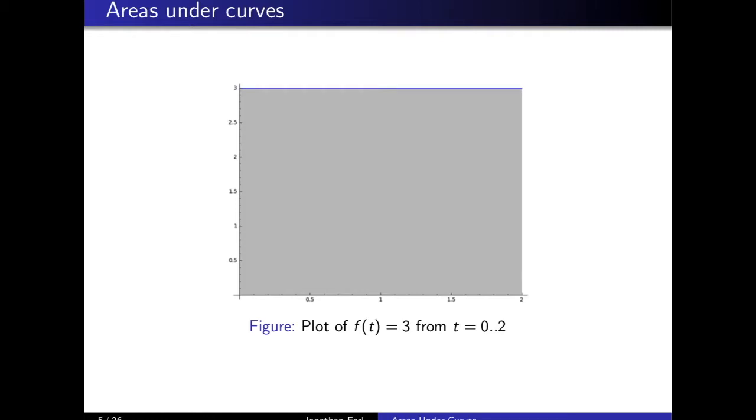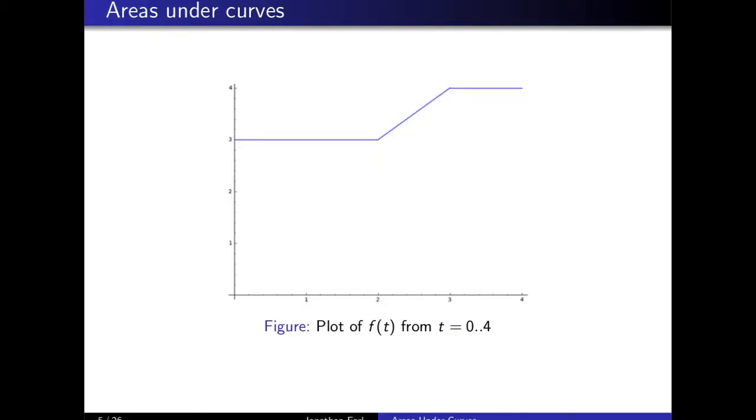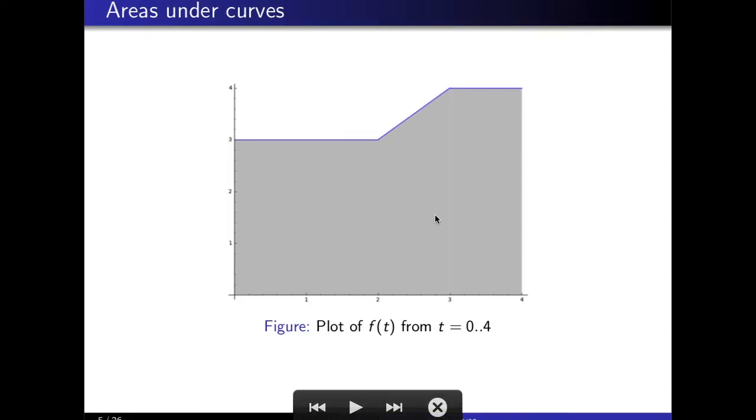Okay, that works great. What about this next region? Well, we want to find the area of this gray region, and what we could do is break this up into three smaller regions. This first region has a height of 3 going from 0 to 2, so we have a rectangle there.